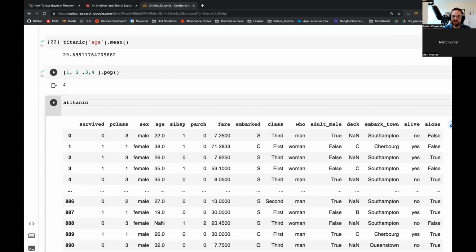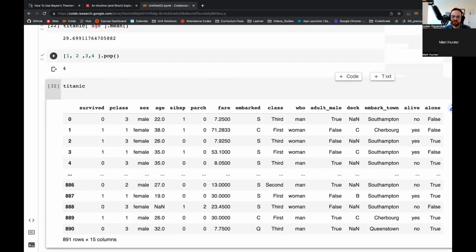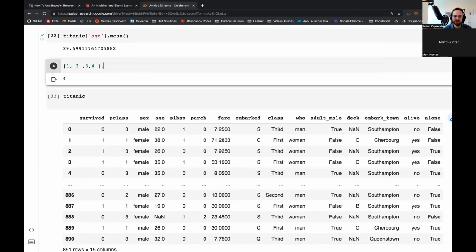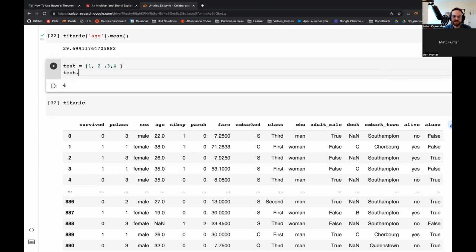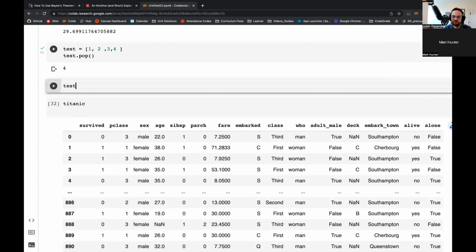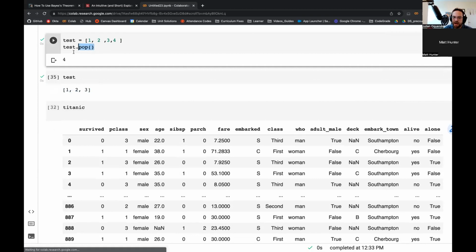So if I pop my values, it'll pop out the value 4, and the change happens permanently. Pandas is different in that you have to be explicit about the fact that you want to make the change with a pandas function.